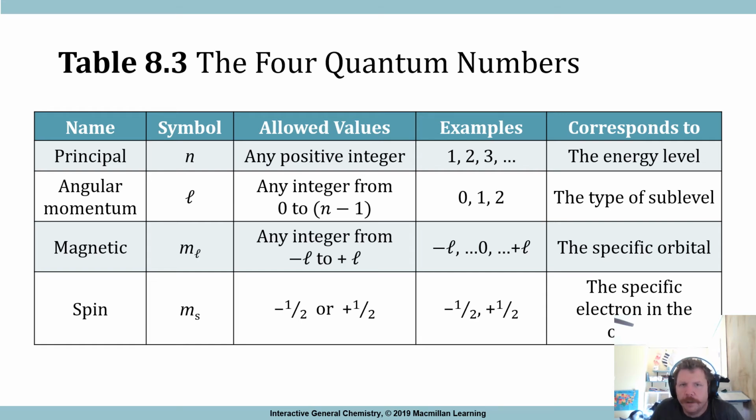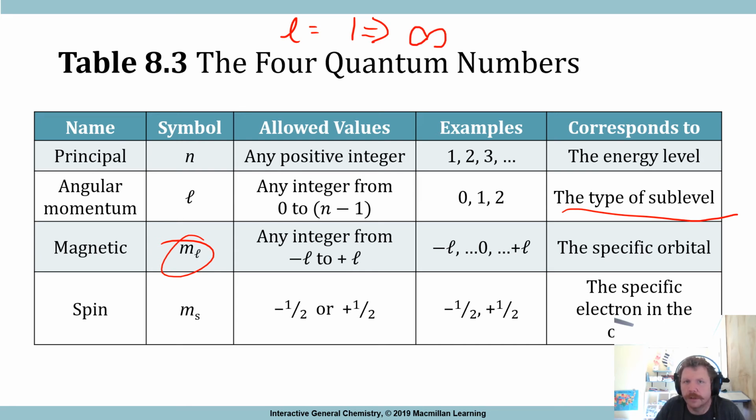M sub L, you're going to derive your M sub L value from your L value. So that's going to range from -L all the way to +L. One way that you can look at that is your angular momentum is the type of subshell, or type of sublevel. So if L equals 1, that is the same as you have an orbital that is shaped like this.